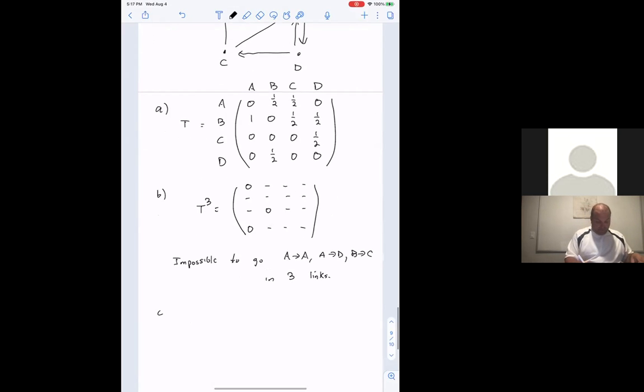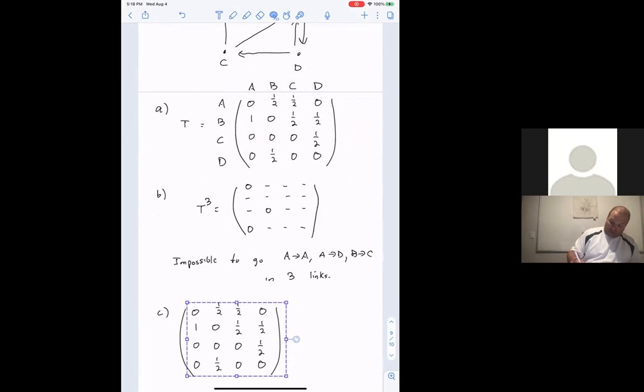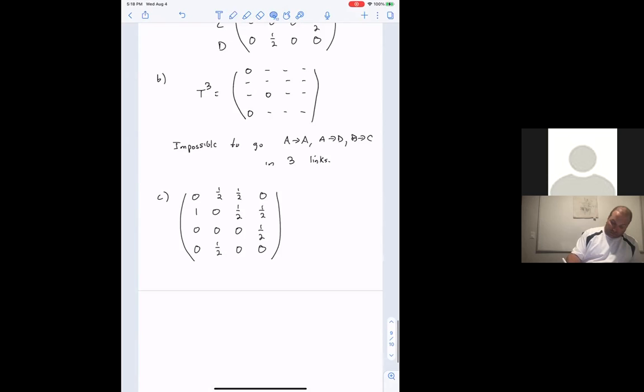Okay, C. And by solving linear equations, find the steady state probabilities. So they want us to do it that method. Hopefully the math won't be too hard. Let's take a look.